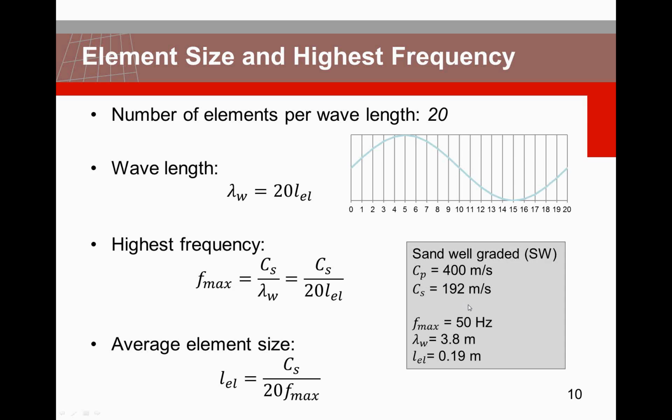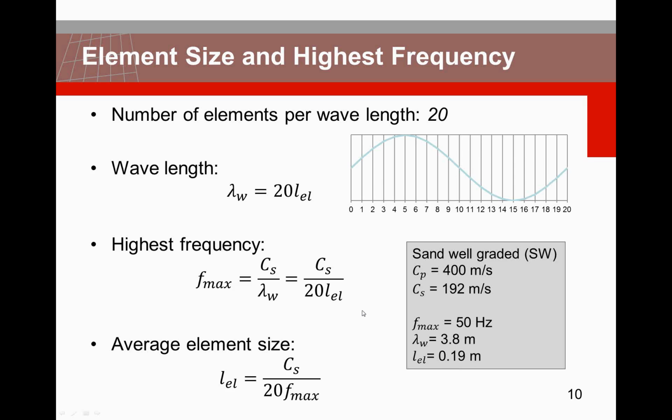Say that our maximum frequency of interest will be around 50 Hertz. That will mean that this wavelength, which is just our Cs divided by fmax, is 3.8 meters. If we want to have, say, 20 elements to represent 3.8 meters, that means that our element size should be around 20 centimeters, 19 centimeters if you want to be precise.